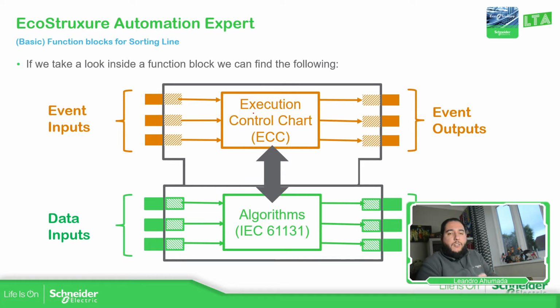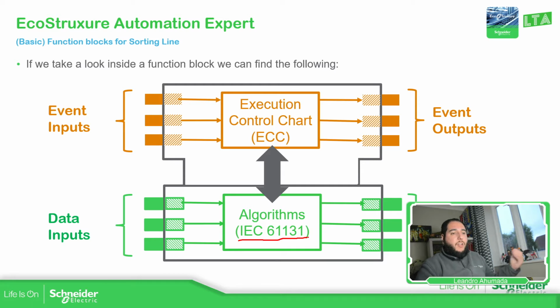And for the logic that we can execute, now we get something familiar, which is the standard IEC 61131, which is the one that we use, for example, for the Machine Expert. But here we use structured text in this case in order to execute the logic.